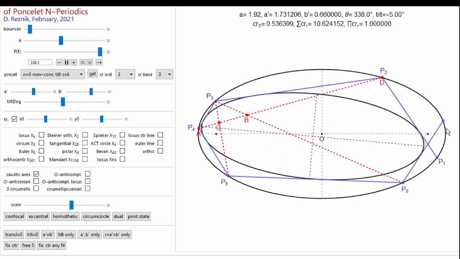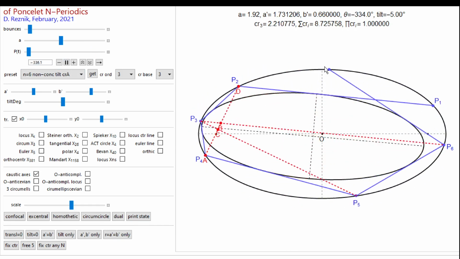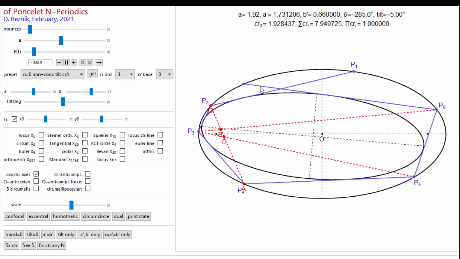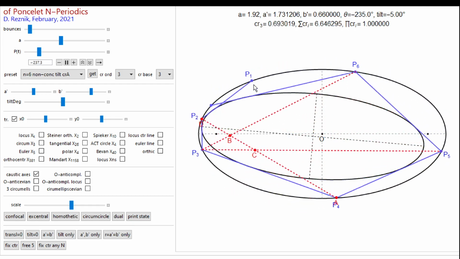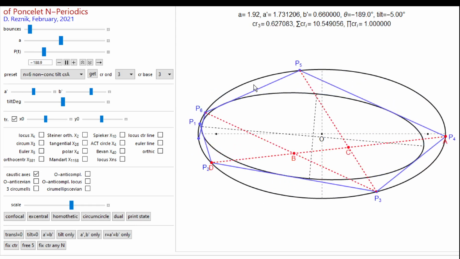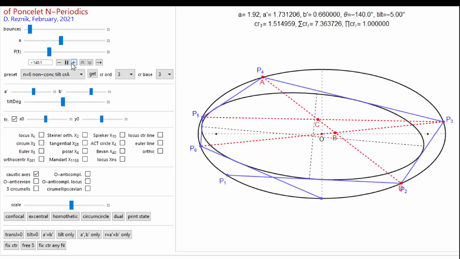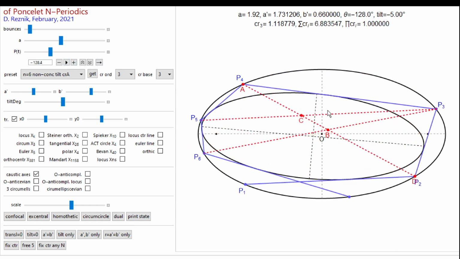So as I move P1, I don't close the trajectory. If I continued on here, I would get something that never closes, right? I could continue this trajectory, but let's just focus on the n equals 6. This particular choice of diagonals, even for the trajectory that does not close, continues to produce a product of cross ratios equal to 1. It's only in this case that I've seen this behavior.